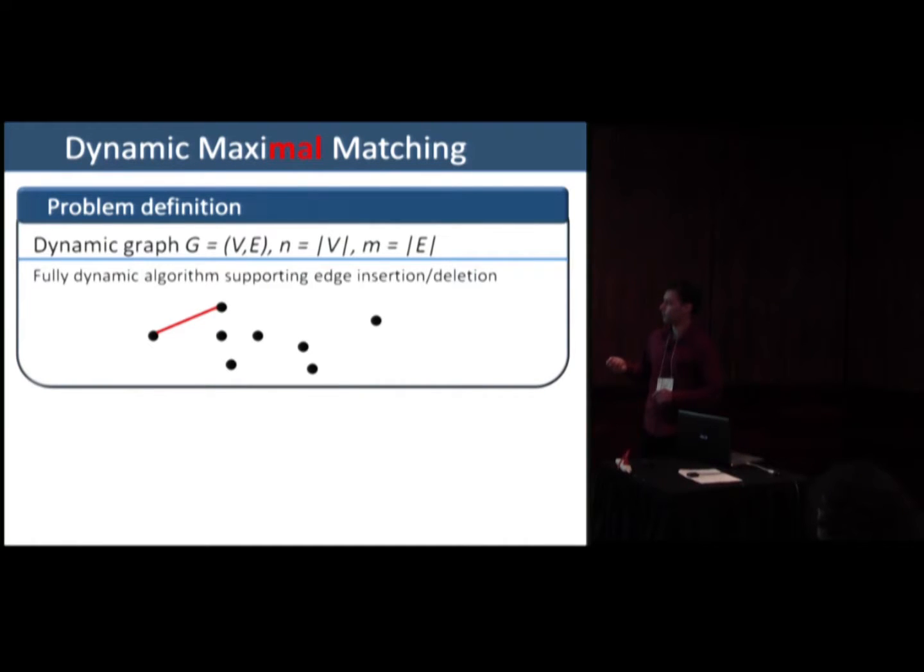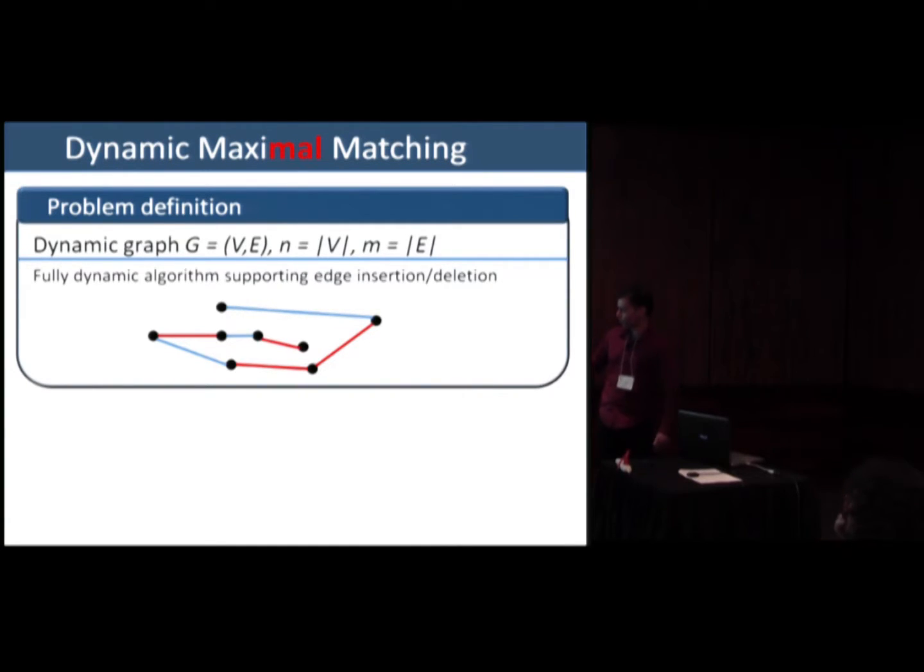So for example, the first edge comes, and the algorithm should match the two endpoints. Second edge comes. So this should not be matched. And so we continue this process. And let's see, this matched edge gets deleted. Something is wrong with the colors, so let's skip this example.